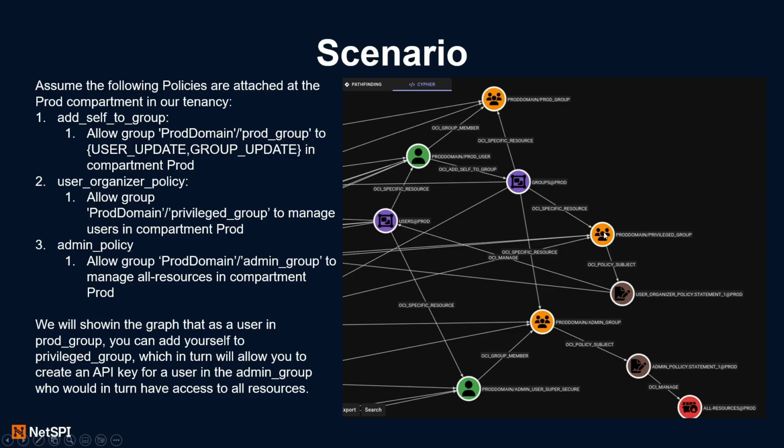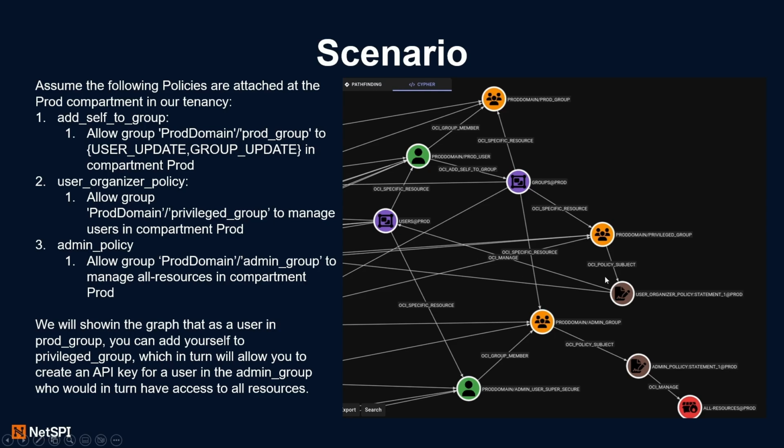And then this privileged group has a policy called user organizer policy. They are the subject of that user organizer policy, and they can manage all users in prod. So then we follow this manage edge, because manage, remember, is kind of like admin. So if you're admin of all users, you can do whatever you want to become that user.